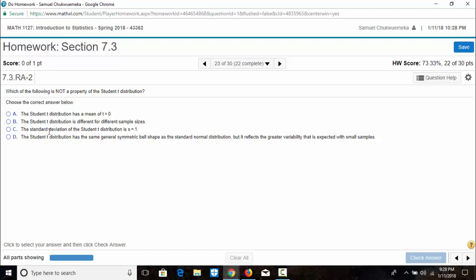That is incorrect. D, the student T distribution has the same general symmetric bell shape as the standard normal distribution, but it reflects the greater variability that is expected with small samples. That is right. That is correct. So the answer is C.